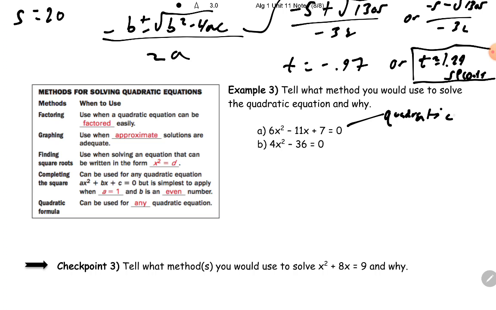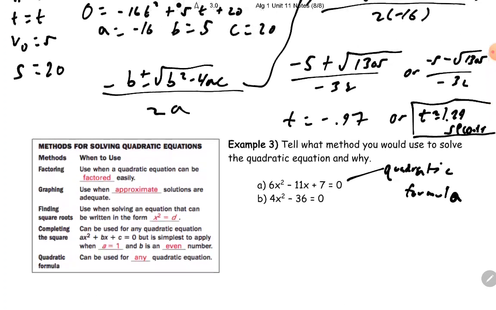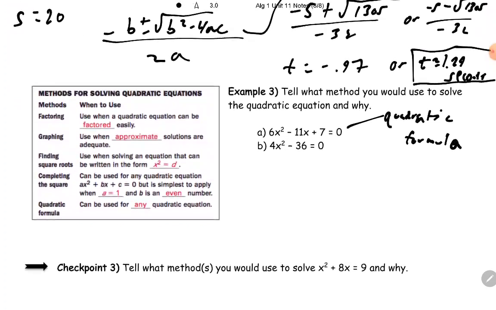The quadratic formula is a good formula to just fall back on. You could say it's the lazy way, but seeing how much work we did, it's not the lazy way, but it could be the quickest way. Especially if we're having trouble figuring out the right factor, completing the square, or anything like that.